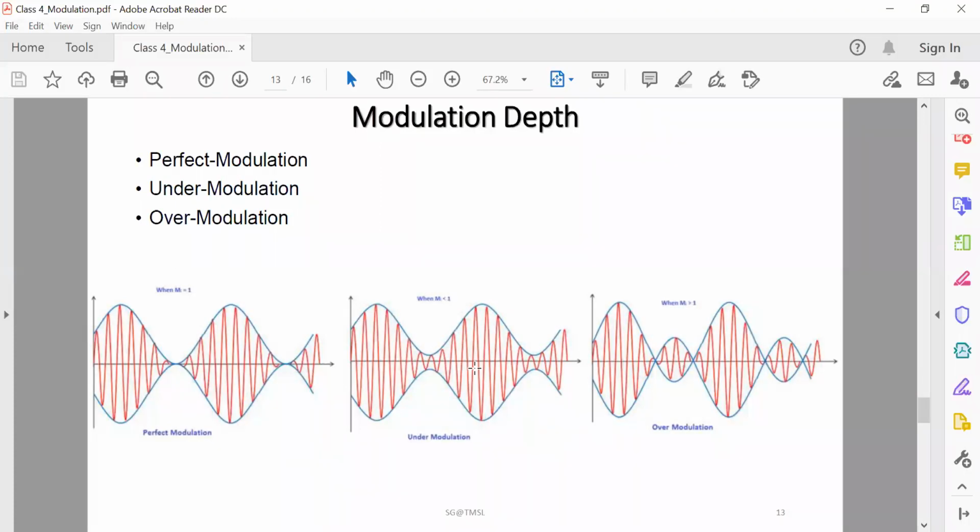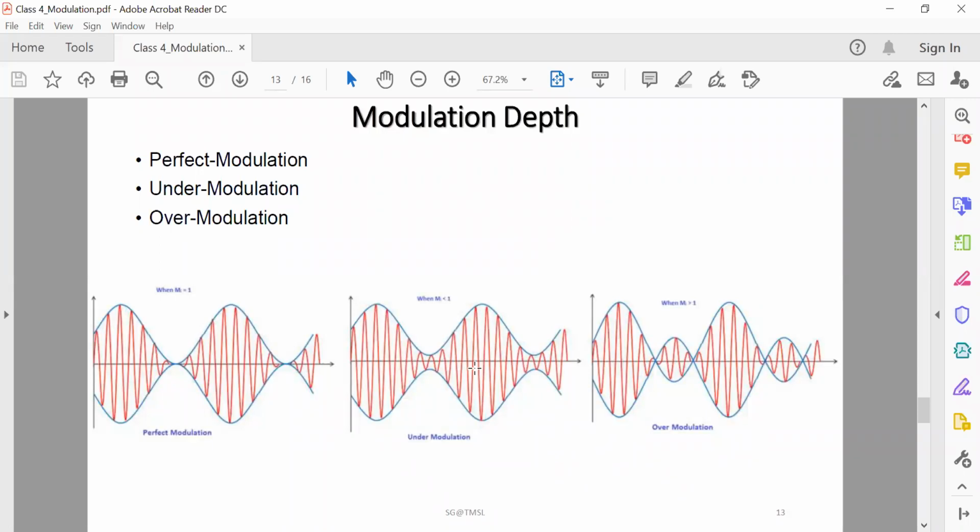Here also, if we consider the same type of example, where the message signal maximum amplitude is 2 volt and the carrier signal maximum amplitude is 4 volt, then the ratio of the modulating signal amplitude 2 volt to the carrier signal amplitude 4 volt is equal to 0.5.